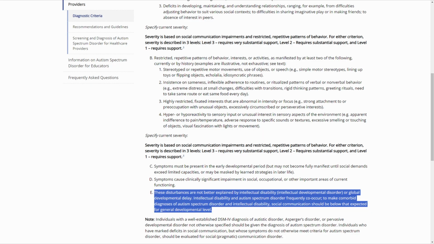Last one is section E. These disturbances are not better explained by intellectual disability, intellectual developmental disorder, or global developmental delay. Intellectual disability and autism spectrum disorder frequently co-occur.